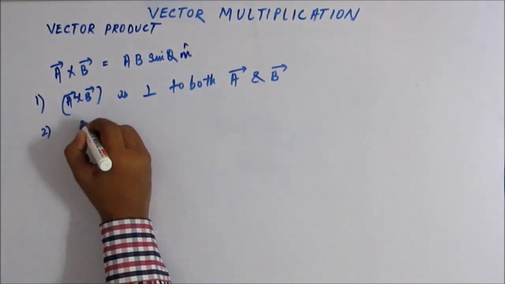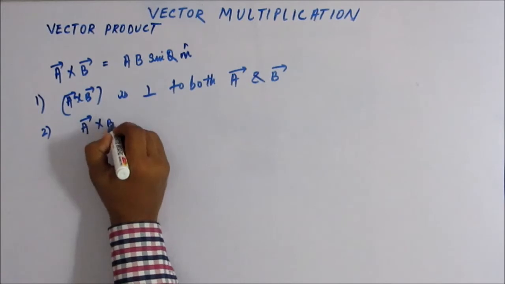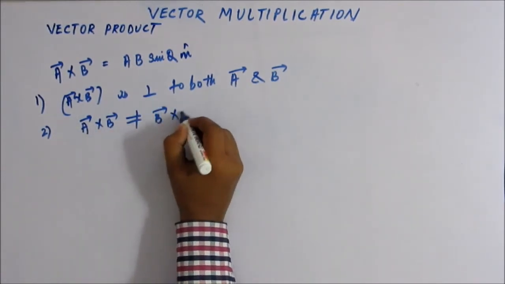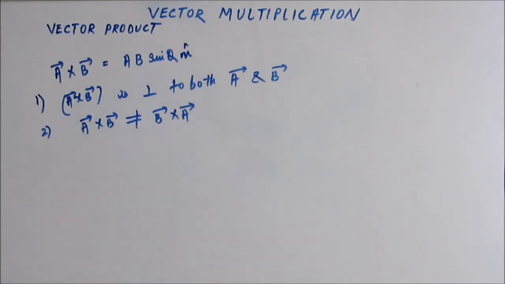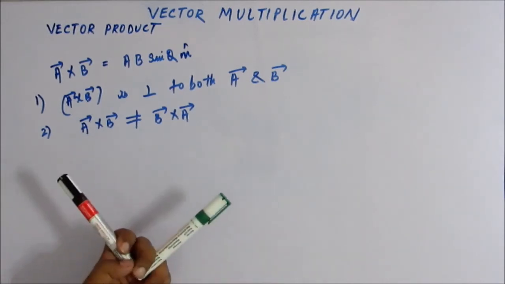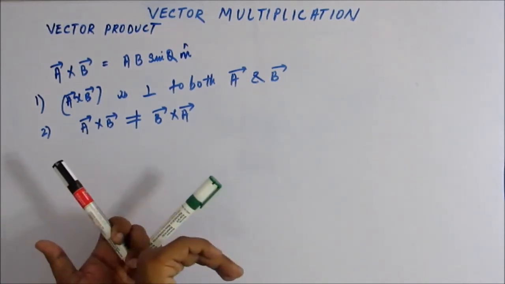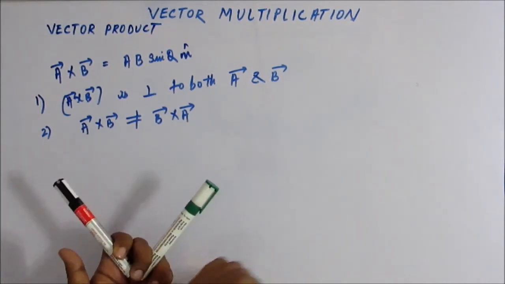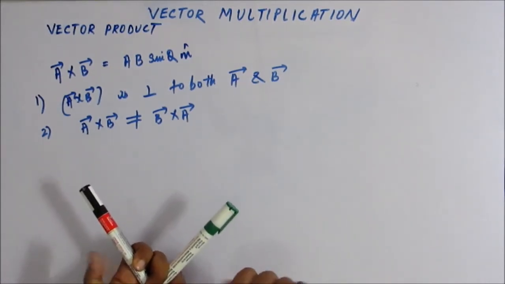The other thing is A cross B is not equal to B cross A. For the reason you would understand: suppose the black one is A, then A cross B, if you're curling your right palm from A to B, your thumb is pointing downwards like this.